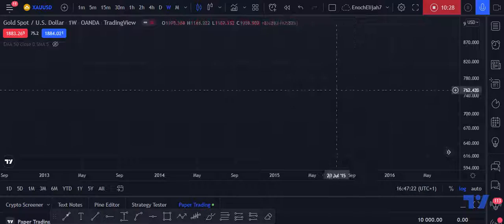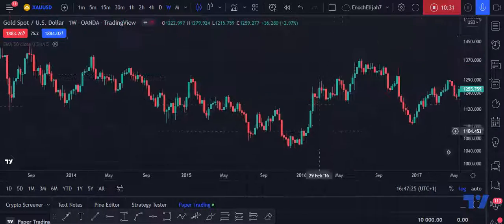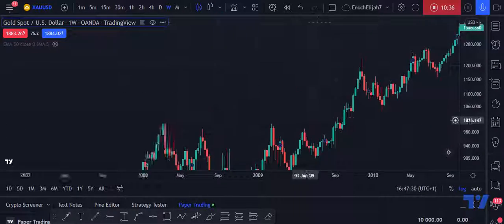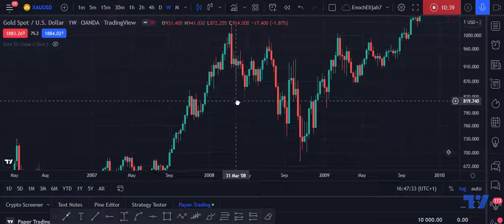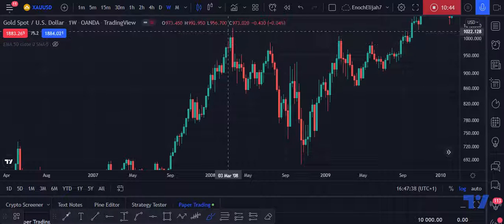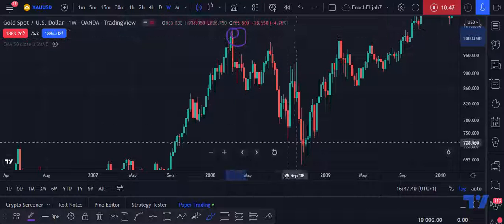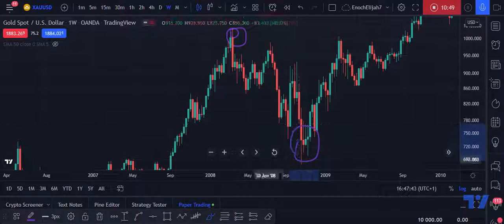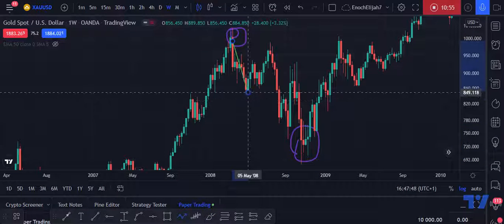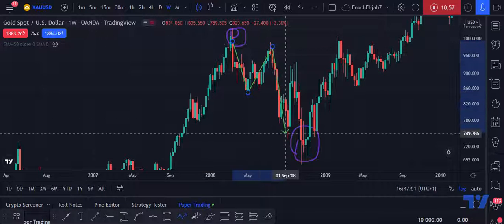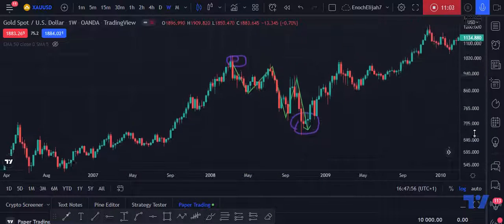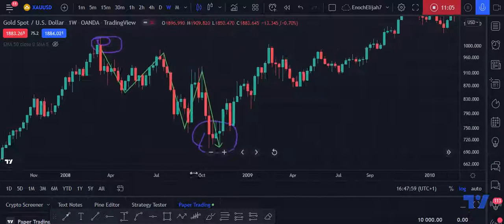Okay, so now let me show that example again on the chart. Let's see, that's on gold. So you can see this market moved from this point right here, dropped to this point, and you can see how it creates lower high, lower low, lower high, lower low along the line as it moves.